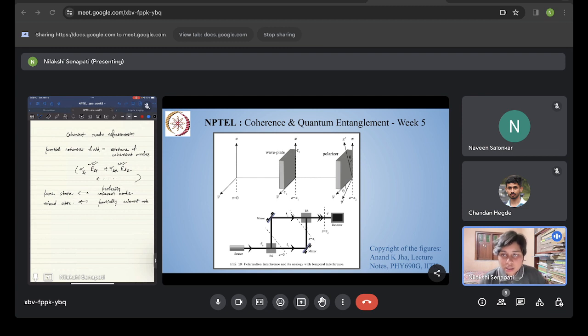So these are the concepts that you need to now do the transition, because now we will study the quantum mechanical perspective of all of these, and we will slowly go to quantum entanglement. These were the past 4 weeks where you learned mostly about wave mechanics, what is coherent, incoherent, partially coherent, and how to deal with all of the degrees of freedom.